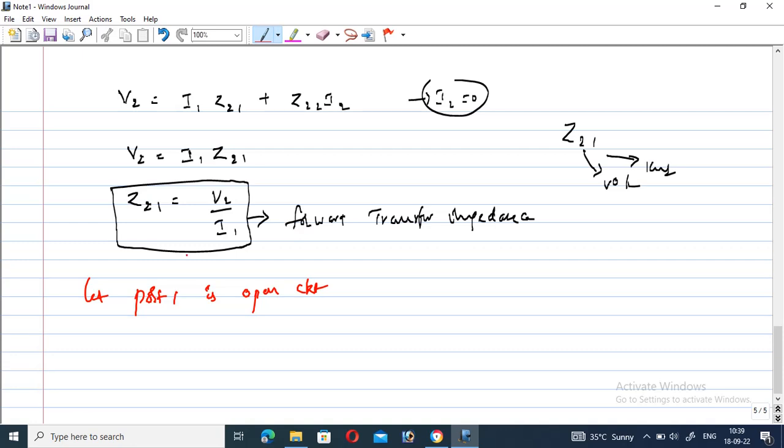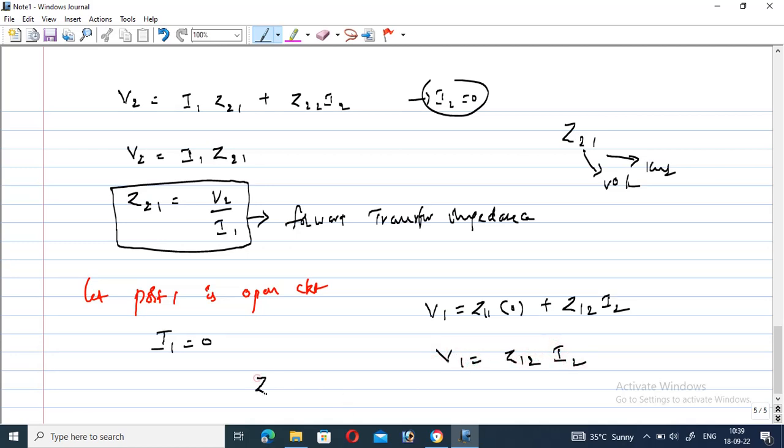Port 1 open circuit means I1 is equal to 0. So from this equation, V1 is equal to Z11 into I1, which is 0, plus Z12 into I2. So V1 is equal to Z12 into I2.